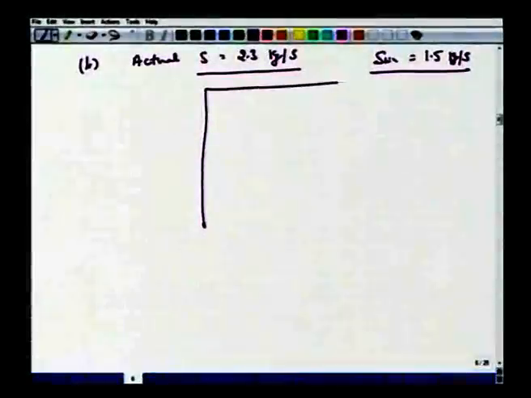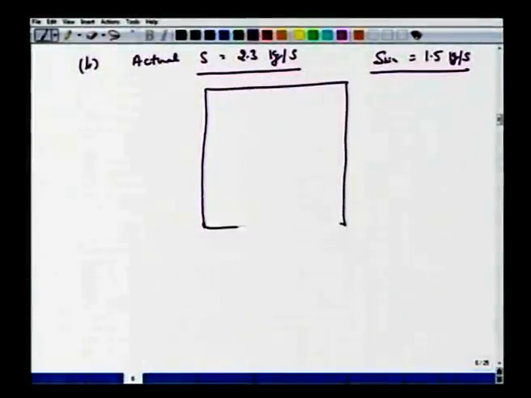Now the second part of the question is, actual S is given to us as 2.3 kg per second. So the S min we calculated is 1.5 kg per second, and now we have S as 2.3 kg per second. So now let us see where is the location of this del operating. So go back to the same equilibrium phase diagram.